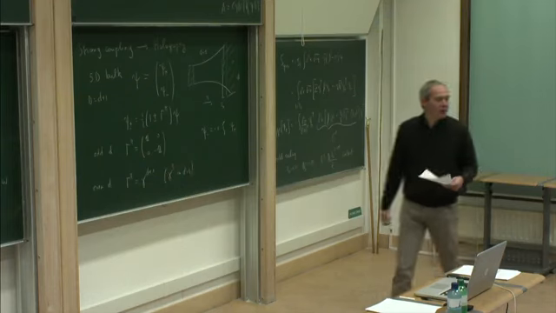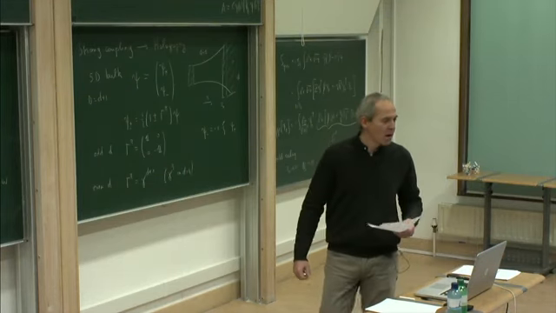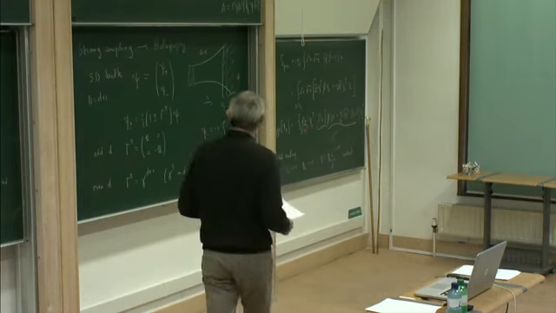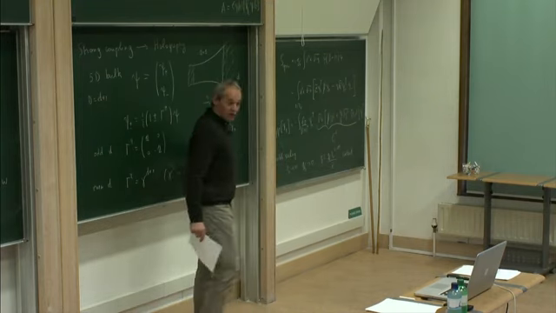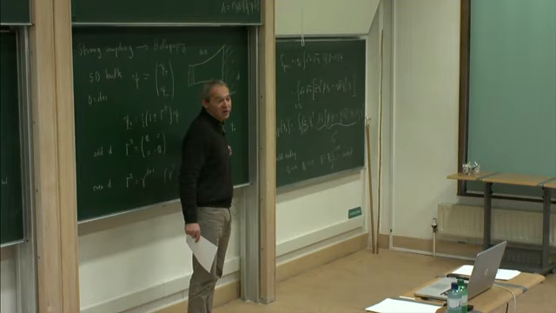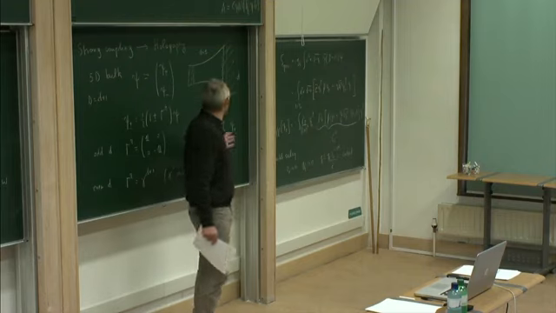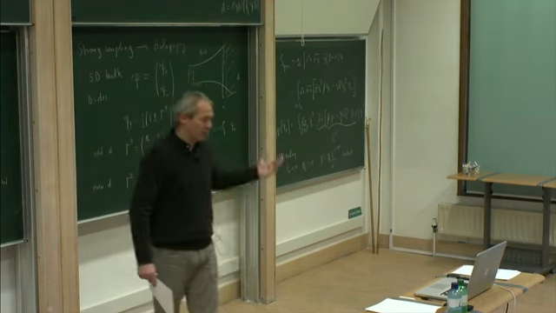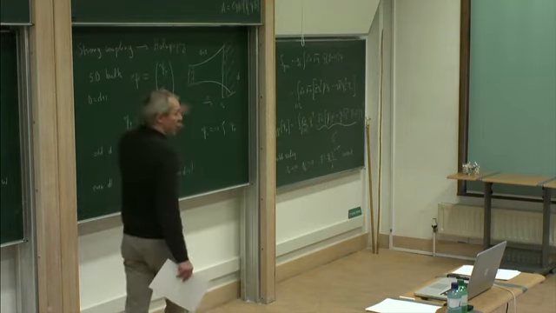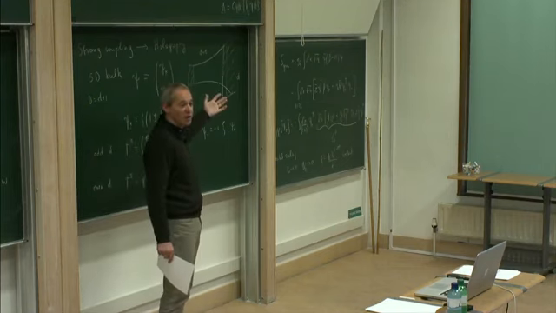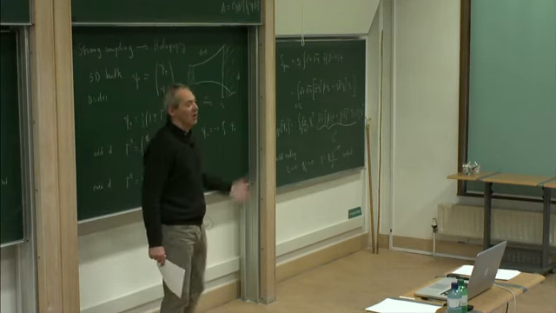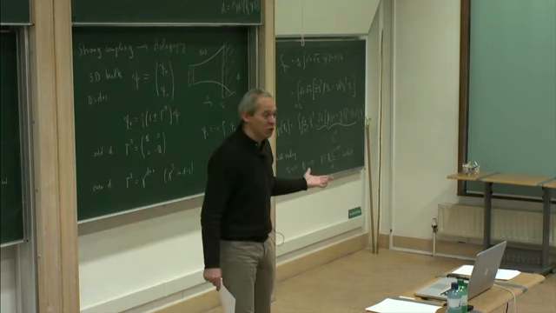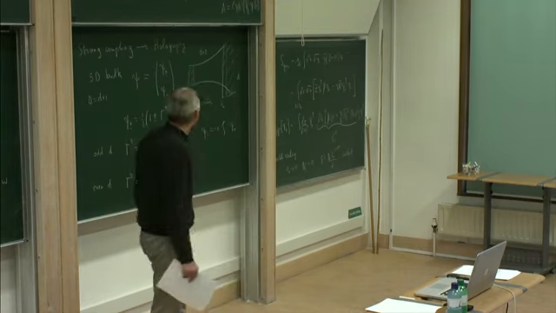How can you choose this psi? This comes from, this is where the hard work goes in. This comes from solving the Dirac equation. So we have a 5-dimensional Dirac spinor. You have to couple it to gravity, and you have to solve the Dirac equation in the presence of this curved space, which we take to be a black hole.